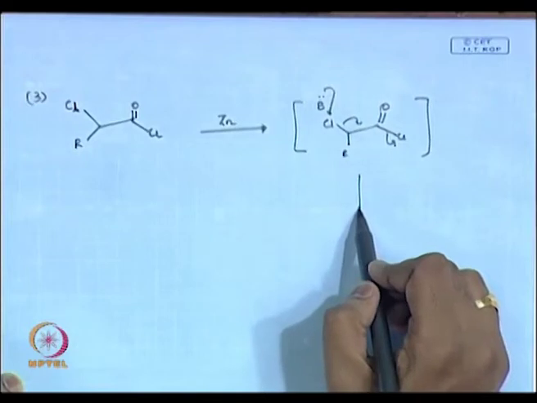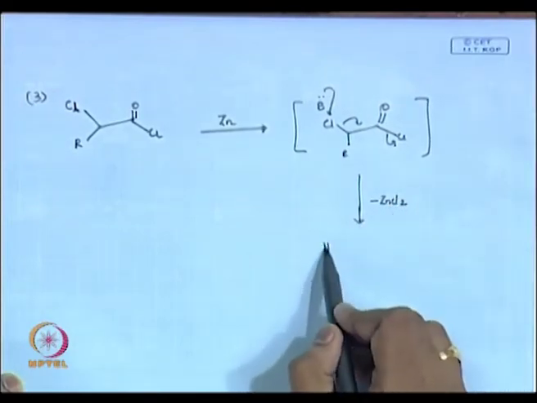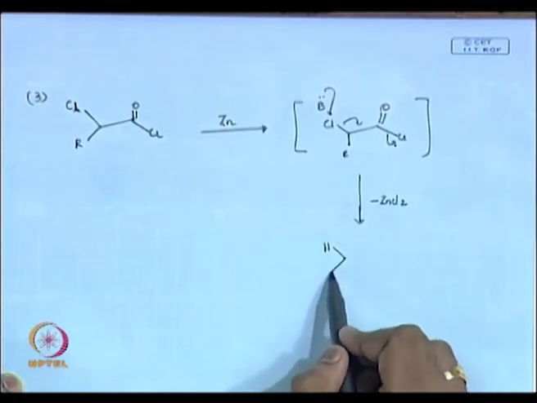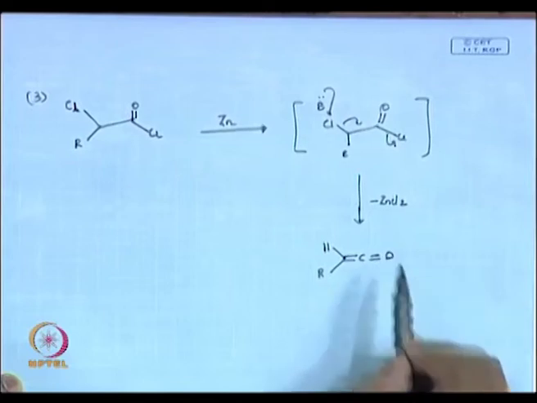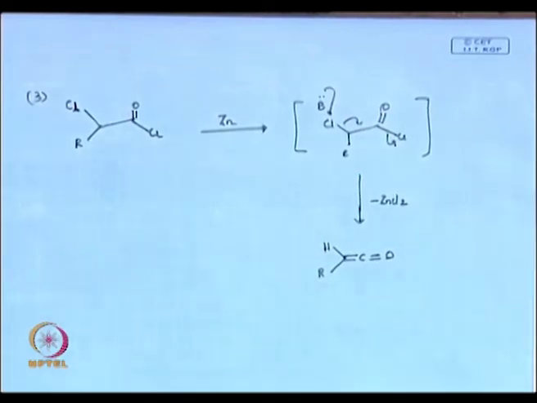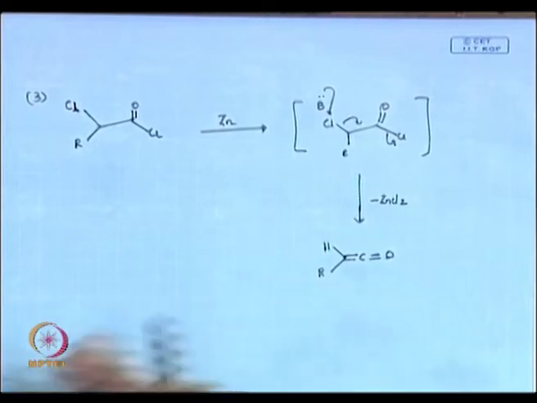Since you have zinc chloride, you end up with your nice ketene. Normally people use an alpha chloroacyl chloride system and use metal salts, and end up with ketene chemistry.